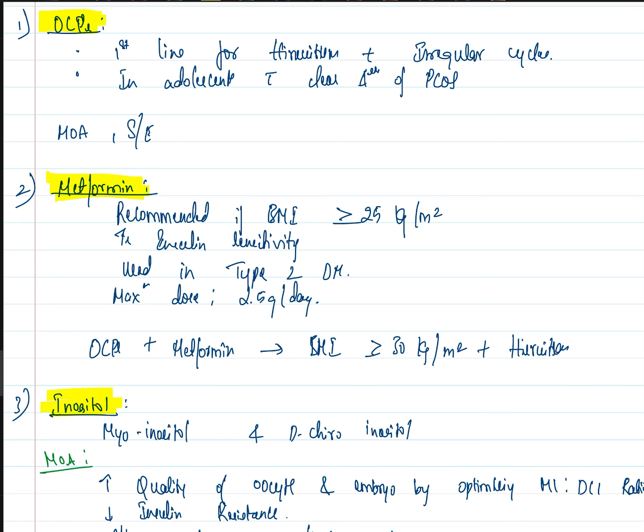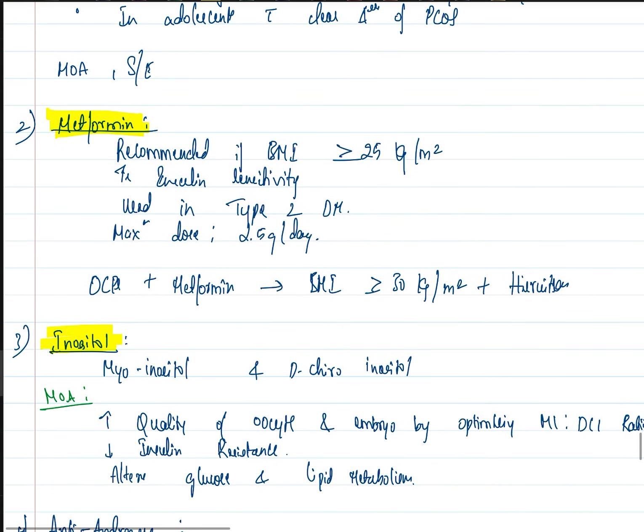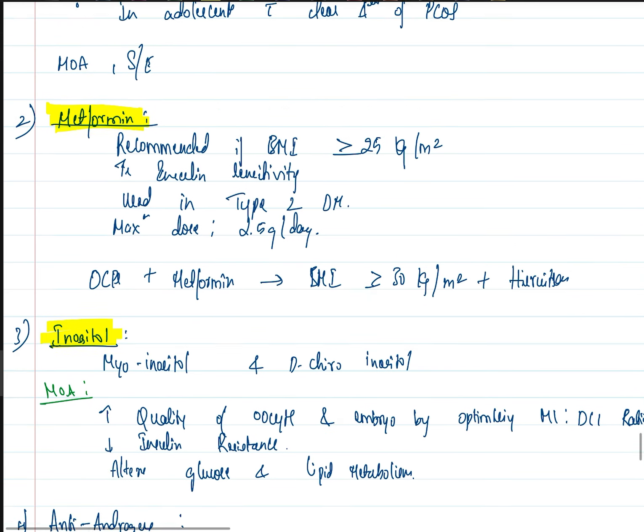This is recommended when the BMI is more than or equal to 25 kg per meter square, and this increases insulin sensitivity. Also, it can be used in type 2 diabetes mellitus. So OCPs and metformin can be given to a woman whose BMI is more than or equal to 30 kg per meter square with features of hirsutism and irregular cycles.